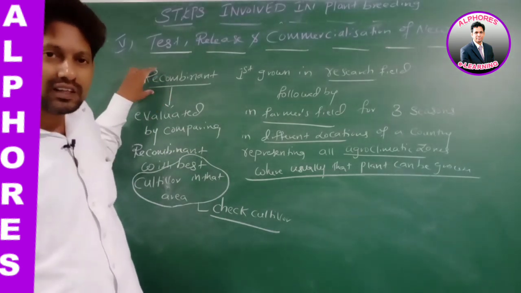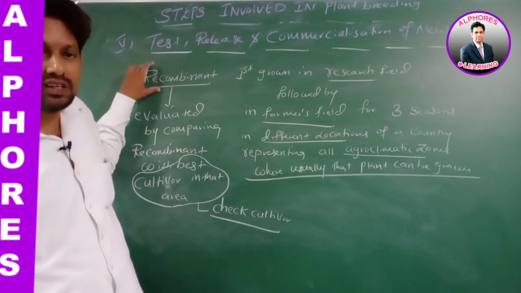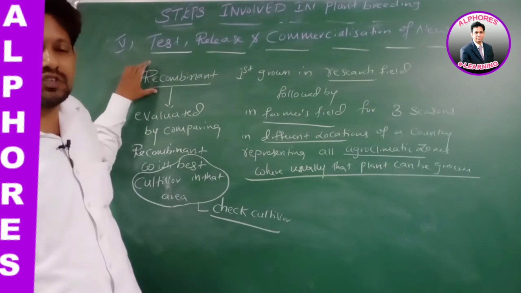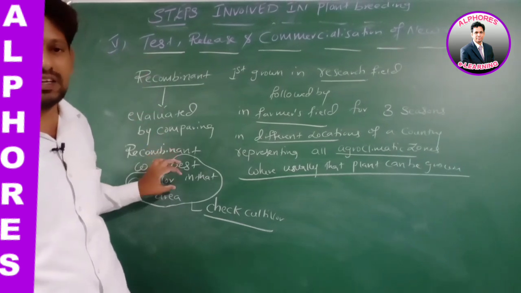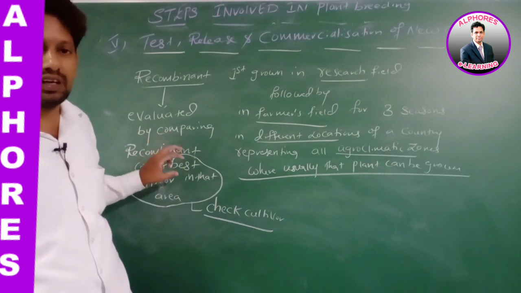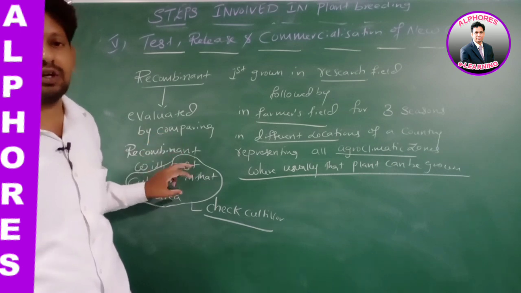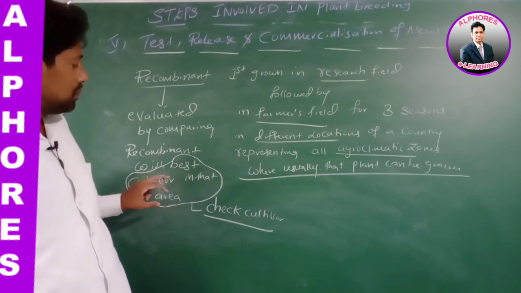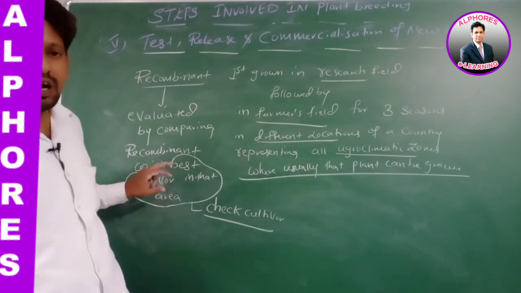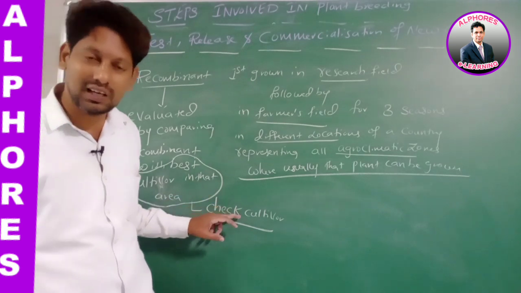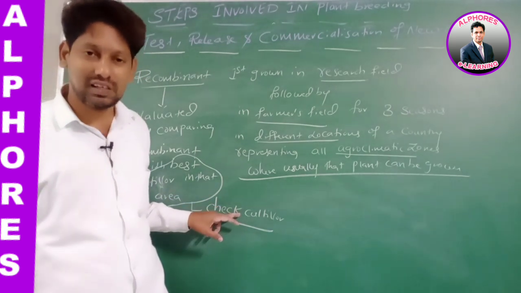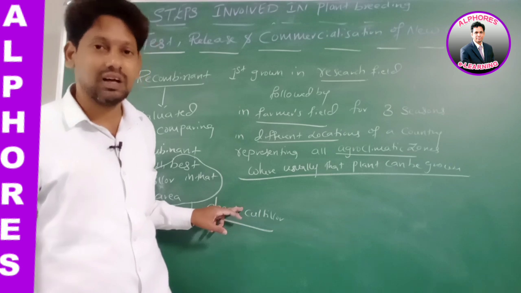To evaluate the performance of this recombinant, we are comparing this recombinant with the best available variety, with the best available cultivar in that locality. That best available variety or cultivar in that locality is called a check cultivar or reference cultivar. Check cultivar or reference cultivar.